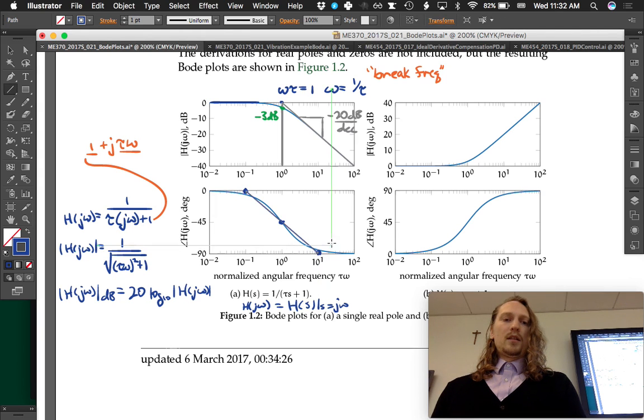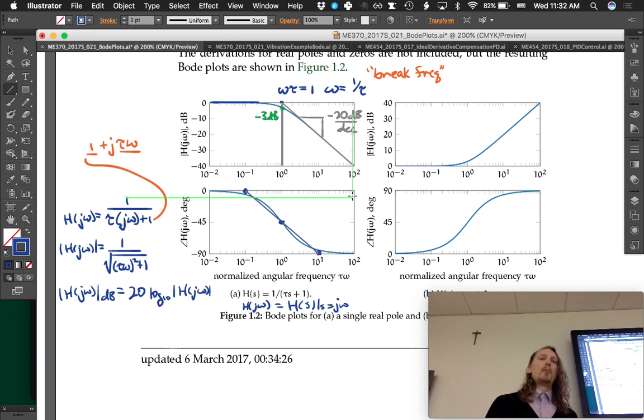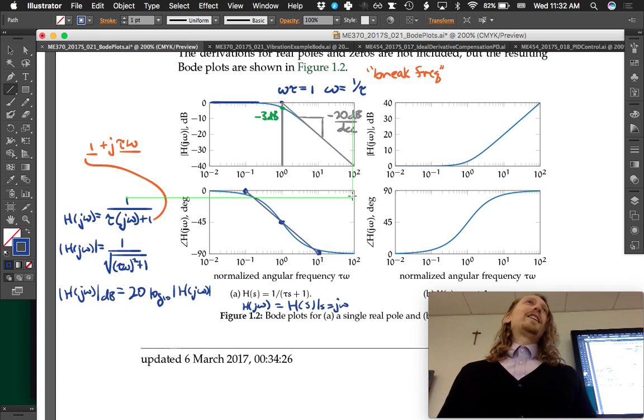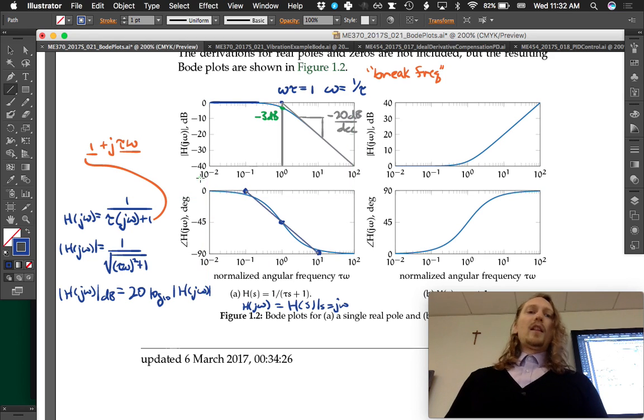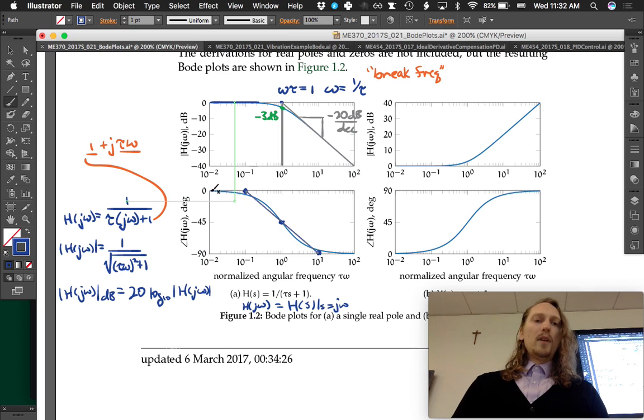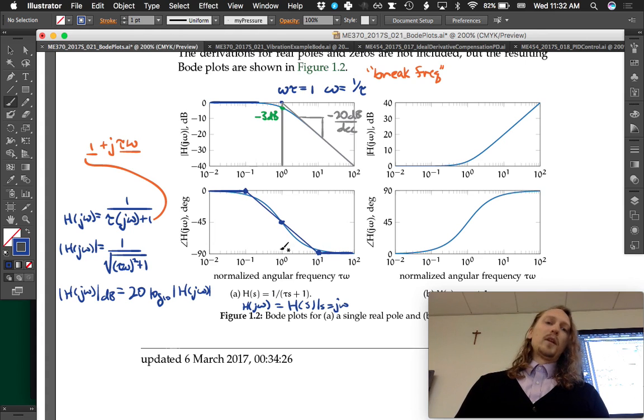It's not a perfect approximation, but it's not terrible. It's a straight line sketch of what that looks like. At frequencies below the break frequency minus a decade, it's 0, and at frequencies above the break frequency plus a decade, it's negative 90 degrees. So that's how we draw the phase sketch.